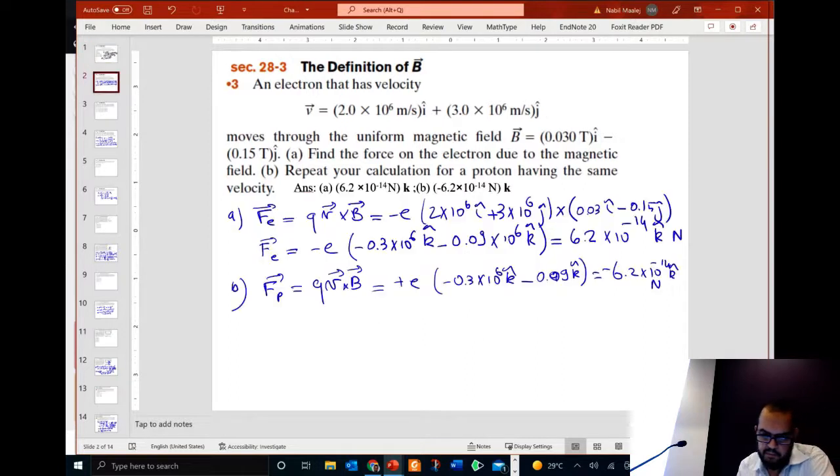If you look at the number here, you get 6.2×10^-14 newtons. Obviously if the charge is positive, the only thing you replace minus e by e, the charge of the proton, and you get the opposite sign, minus 6.2×10^-14 newtons.